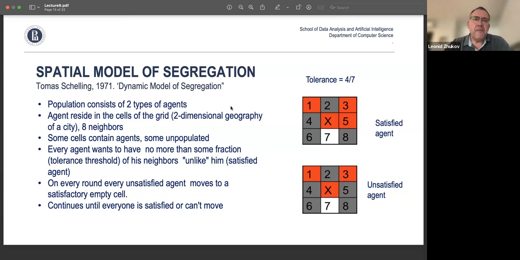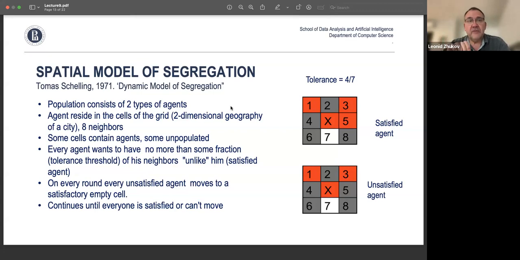But the game is the following: on every round, every unsatisfied agent can move to an empty cell that satisfies him, and this continues until everybody is satisfied or there's no place to move. Again, extremely simple. Every agent is identical, except there are 2 classes of agents, but each and every agent has a built-in identical mechanism, identical behavior pattern.